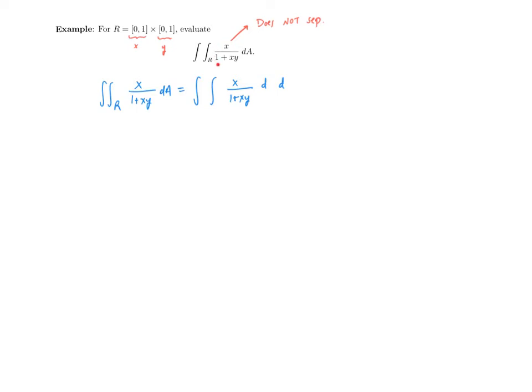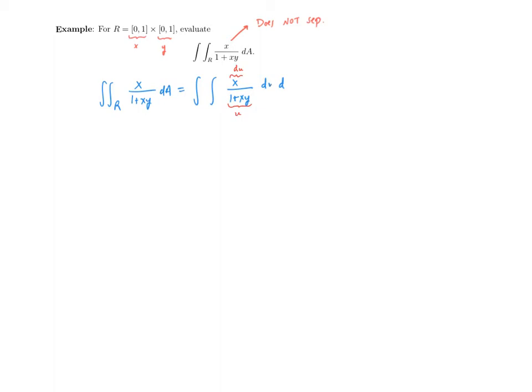Looking at our integrand function, the observation I would make, and this is something that the more we practice, the more we build up our experience, hopefully the quicker and more efficiently we'll make these observations, is if I think of that 1 plus xy as potentially being a u, which variable would I have to differentiate with respect to to make that x in the numerator become my du?